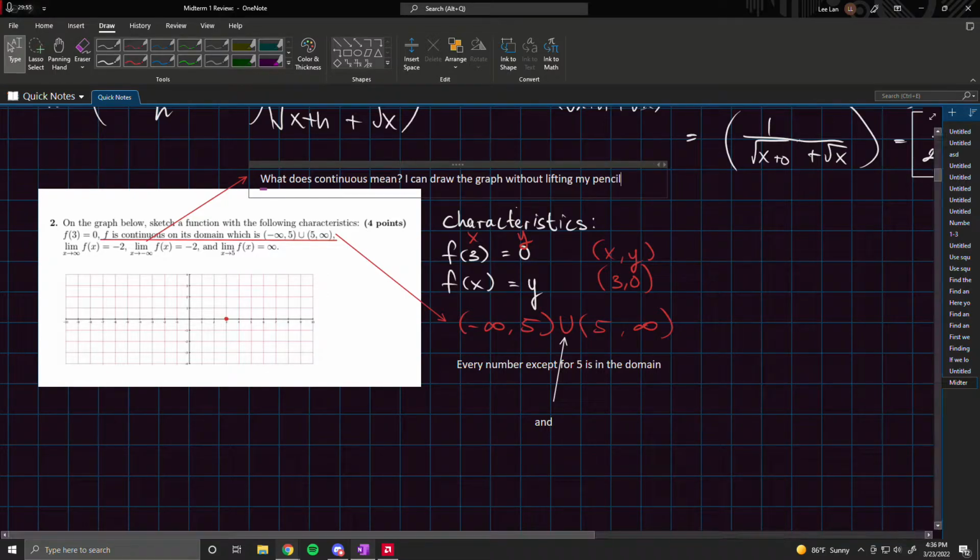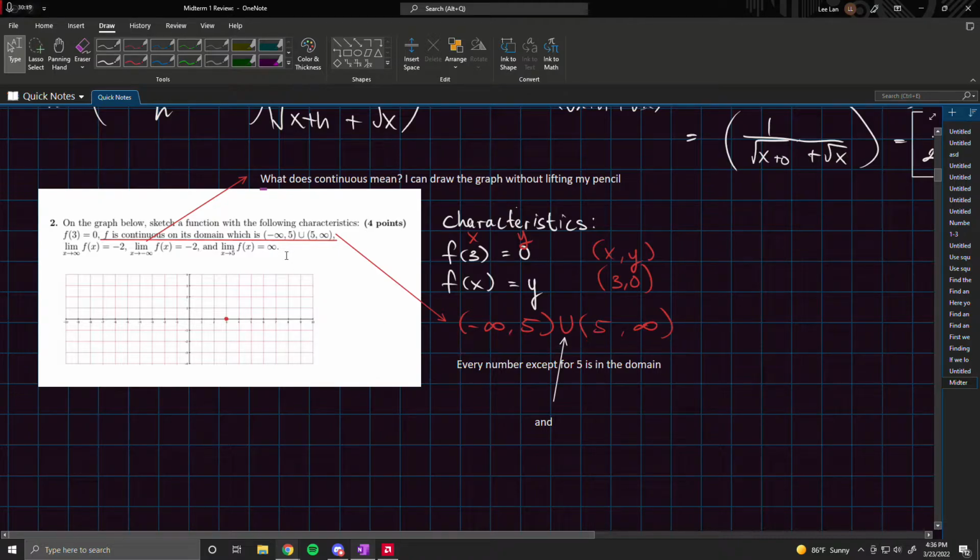There's a more technical definition, but I think in the context of this problem, the more technical definition doesn't really matter. Where it does matter is with more algebraic usages of limits. But in this problem, it just means I can draw the graph without lifting my pencil.